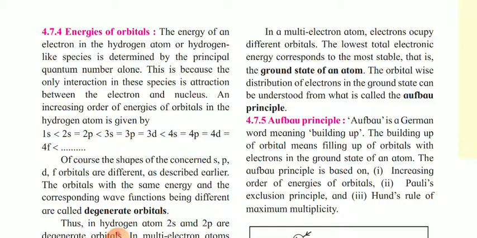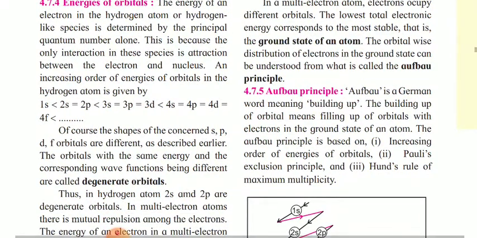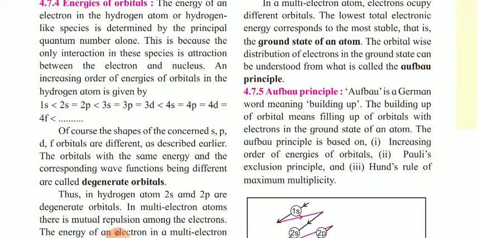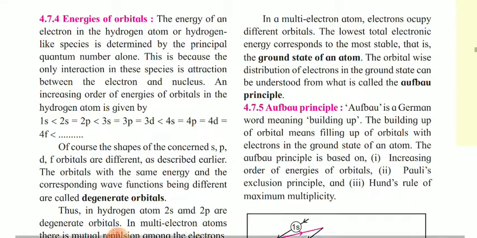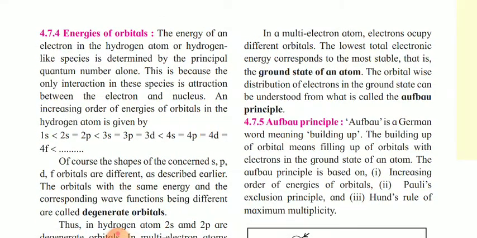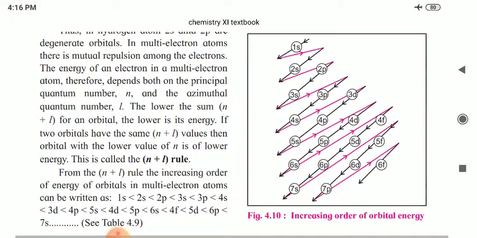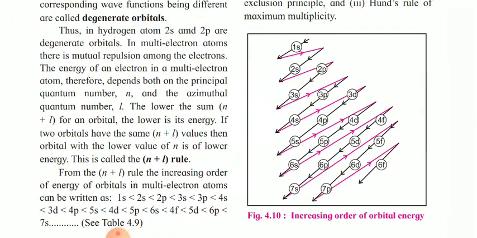Now students, we are going to look at the different principles for the filling up of electrons. In our last lecture we have also seen the energies of orbitals and the corresponding diagram. Students, this is the energy sequence.